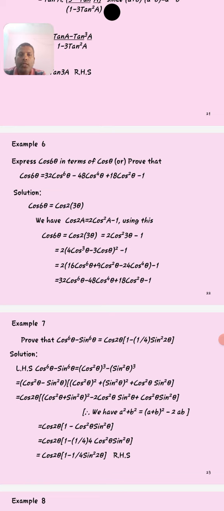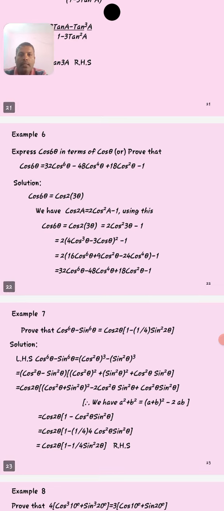Using this, cos 6 theta is equal to cos 2 into 3 theta, which is 2 cos square 3 theta minus 1. Here cos square 3 theta value is what? (4 cos cube theta minus 3 cos theta) whole square. Because the cos 3a formula we know is 4 cos cube a minus 3 cos a.